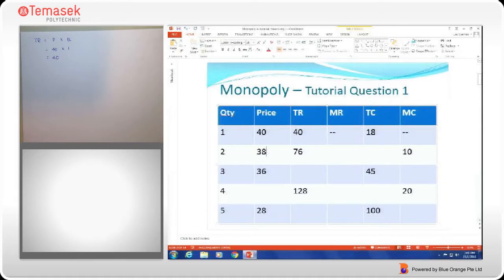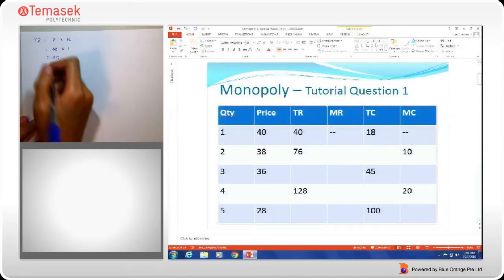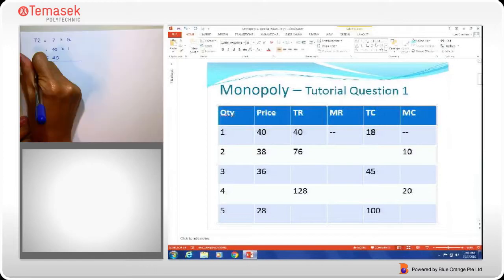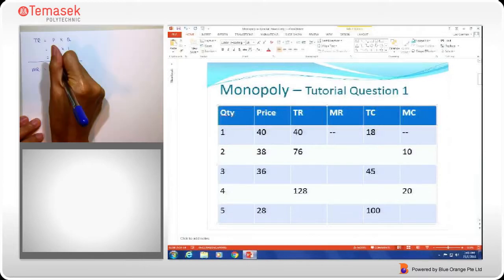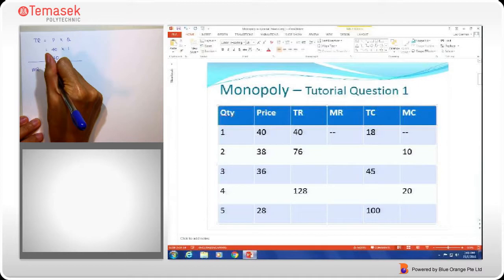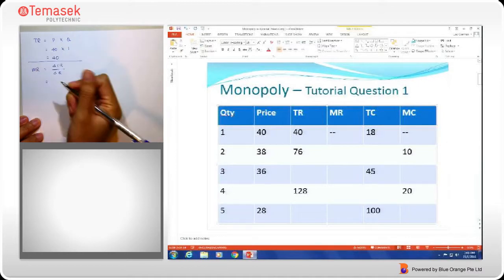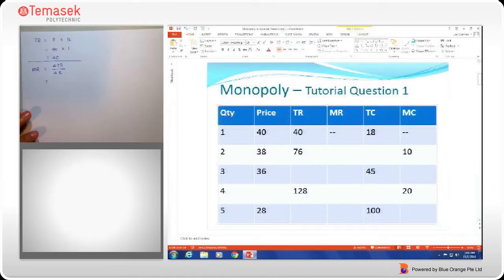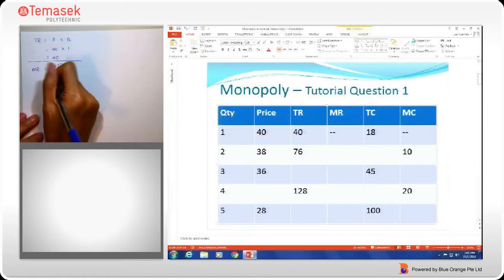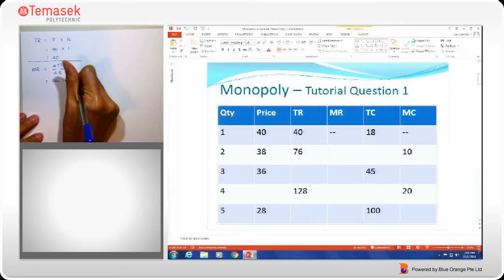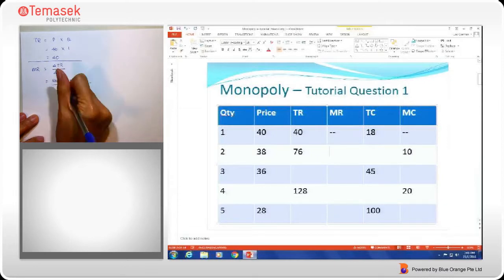Okay, next you're also being asked to find the marginal revenue. And the marginal revenue formula is equal to the change in total revenue divided by the change in quantity. So in this case, we simply need to use the new total revenue minus old total revenue divided by change in quantity, which is actually 2 minus 1.